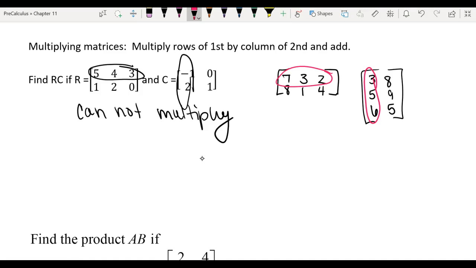So that tells us our new one is going to be 2 by 2. So you look at, okay, I have 3 by 3, and then you go the other direction to decide how big your new one's going to be. I have 2 going this way, and I have 2 going that way, so this one's going to be 2 by 2 in the end.